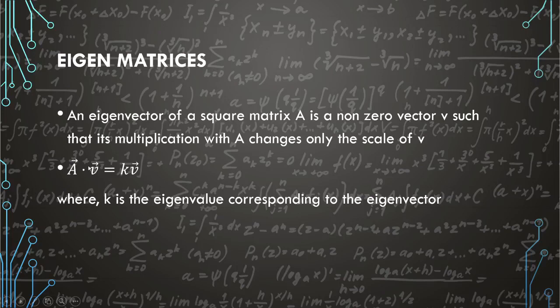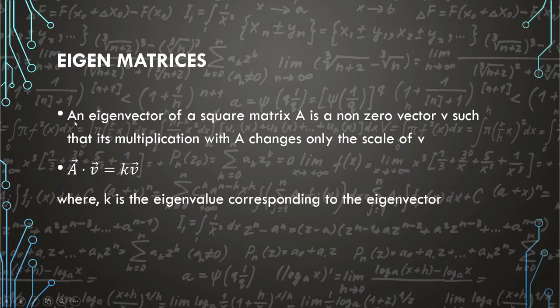We have a vector V and we multiply it by the matrix A. Now what we find is that even after this multiplication, we are just changing the length of the vector and nothing else. So for this kind of unique multiplication, the coefficient k which is obtained in this multiplication is called the eigenvalue corresponding to the eigenvector.